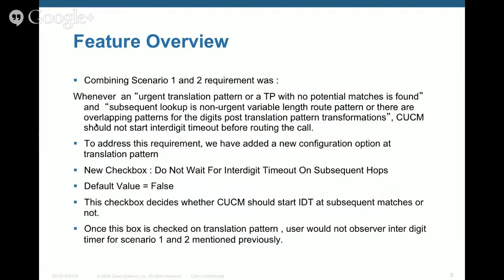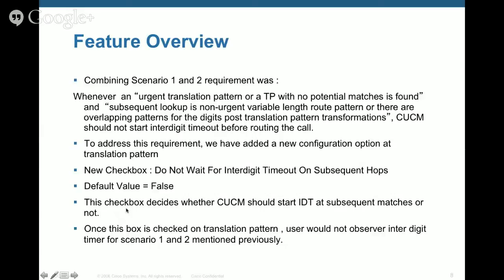Combining scenarios 1 and 2, the requirement was to have a parameter or provision for the user or administrator to configure so that the call manager would not observe the interdigit timer in the subsequent hops. So we introduced a checkbox called do not wait for interdigit timeout on subsequent hops. By default, this value is set to false.